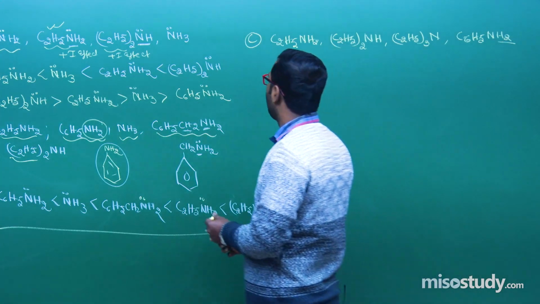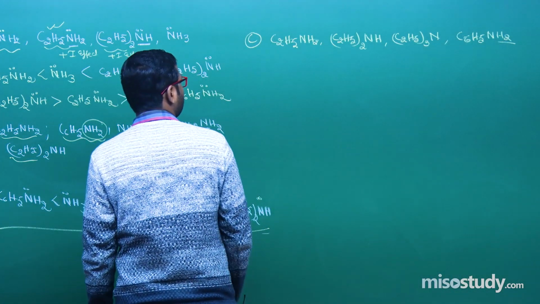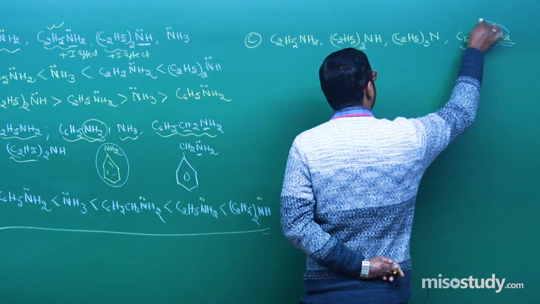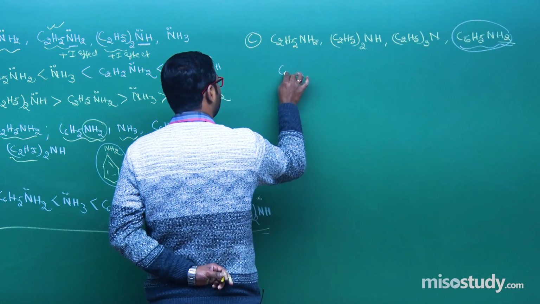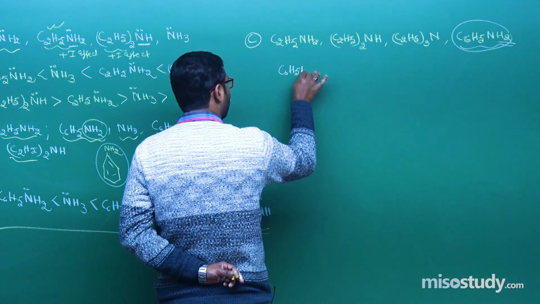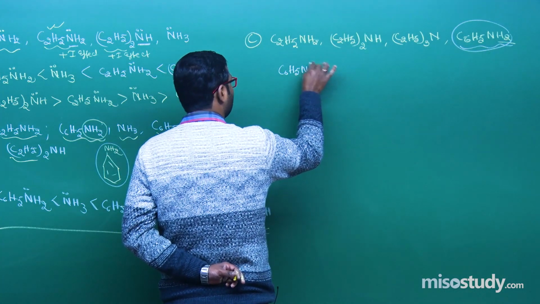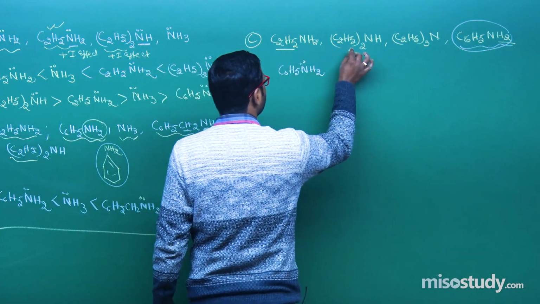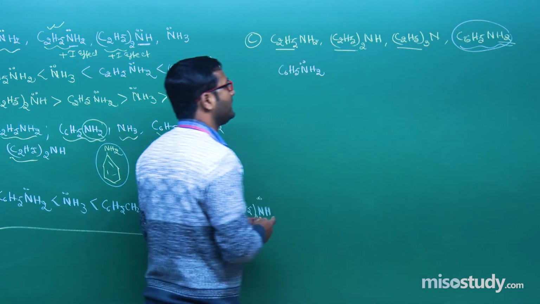Now tell me which will have more basic character. We know this is aromatic, so it will have less basic character. So C6H5NH2. Now compare. Here is 1 degree, here is 2 degree, and here is 3 degree.